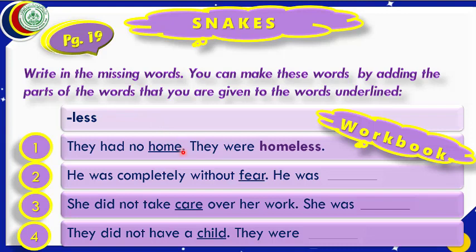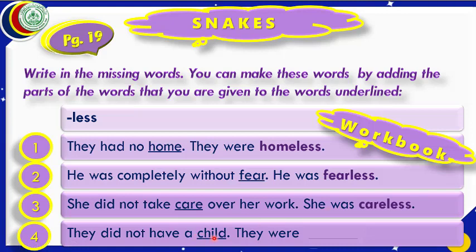We shall see in part number 5 also. I shall tell you again. Our answer will become, they had no home, they were homeless. He was completely without fear, he was fearless. She did not take care over her work, she was careless.